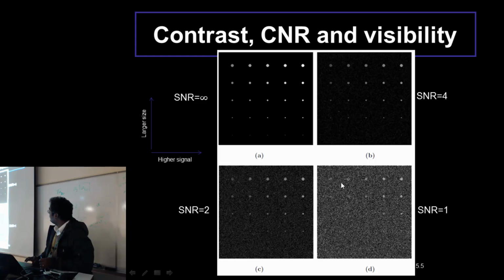So it's different signal to noise ratios that are plotted here. Signal to noise ratio 1. These have the same intensity, whereas the object size is different. These have lower intensity, object size is the same.